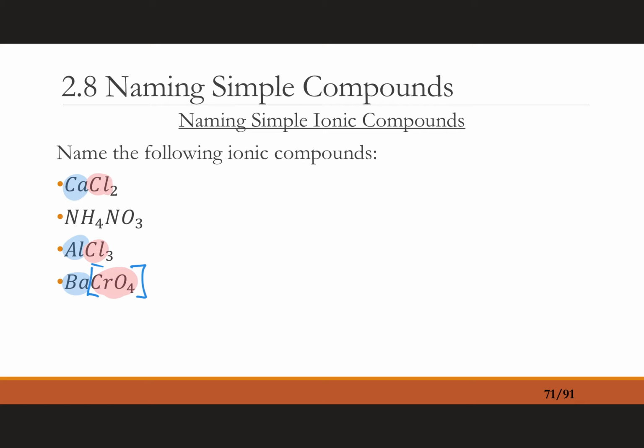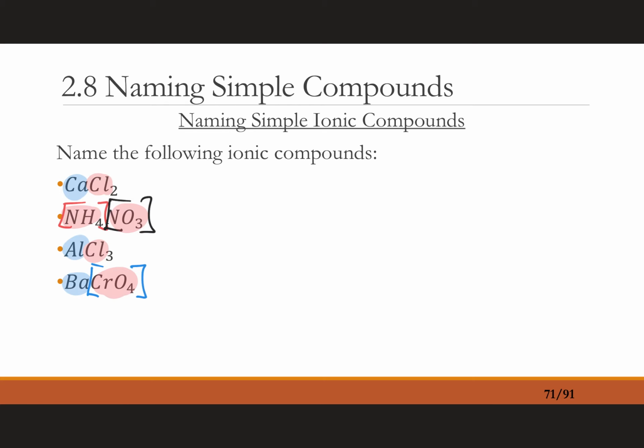We have this group here and this group there. Both of those are polyatomic, and because they're polyatomic, that is a nonmetal, and also that's a nonmetal, but it's kind of one of those things where you sometimes just need to memorize some of these, and you'll see the list later of polyatomic ions. But if you see NH4, if you see NO3, those are polyatomic almost all the time, especially when together.